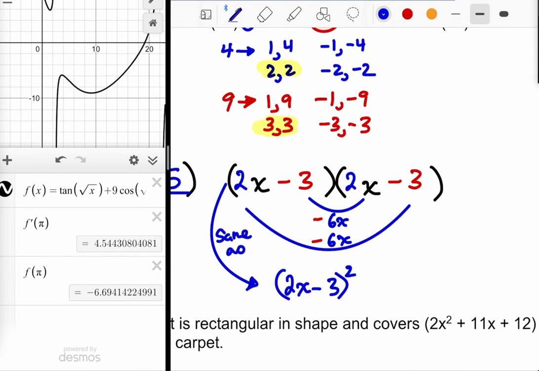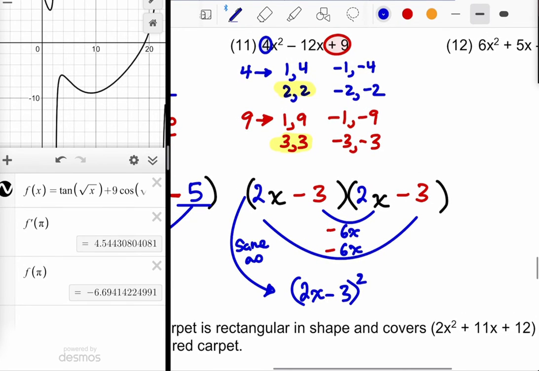All right. Again, it's kind of tricky because my very first combination, my very first selection worked. What if it didn't? All right, so then I would know that maybe 3, 3 doesn't work. So then I would move on to 1, 9. If that didn't work, then I'd say, okay, well, I guess 2, 2 doesn't work. All right.